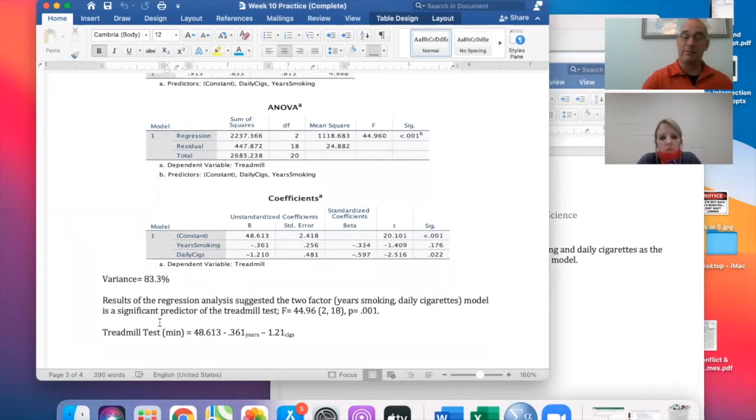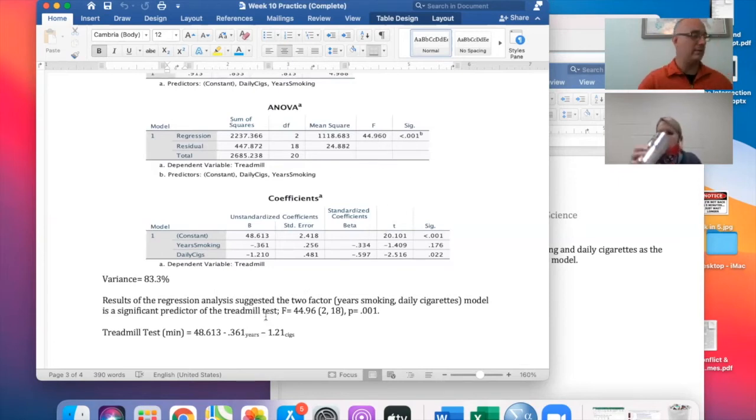And then, is this a significant predictor of treadmill results? Yes, it is. Results of the regression analysis, our ANOVA output, suggested the 2 factors, years smoking and daily cigarette use, are a significant predictor of the treadmill test.